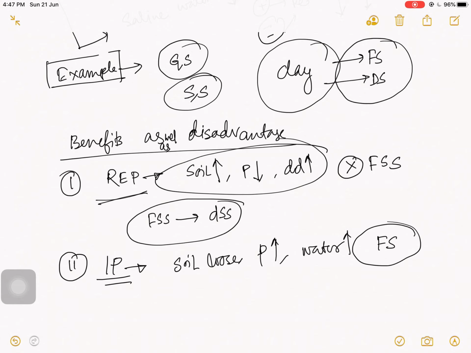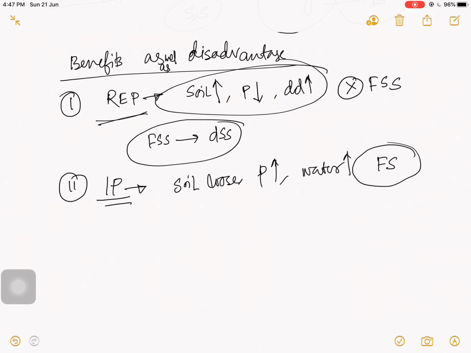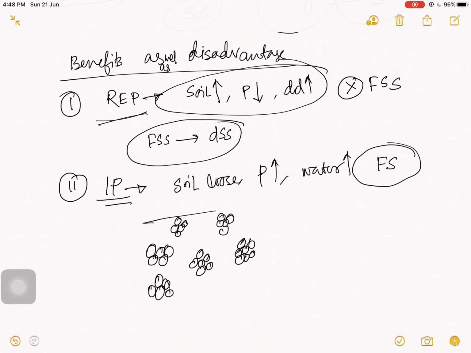Why? Flocculent structure soil, that means they are making this type of scenario. They randomly make their flocculent structure soil. This is your tree. Irrigate the water, then water easily passes through this.